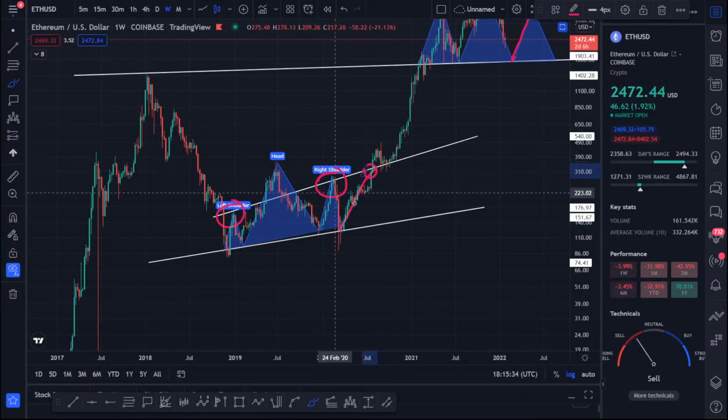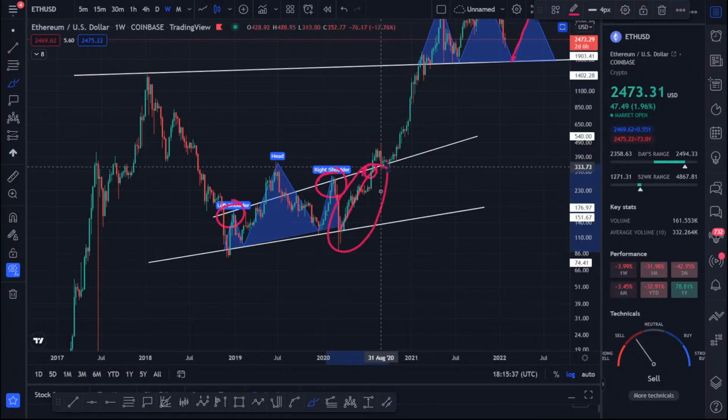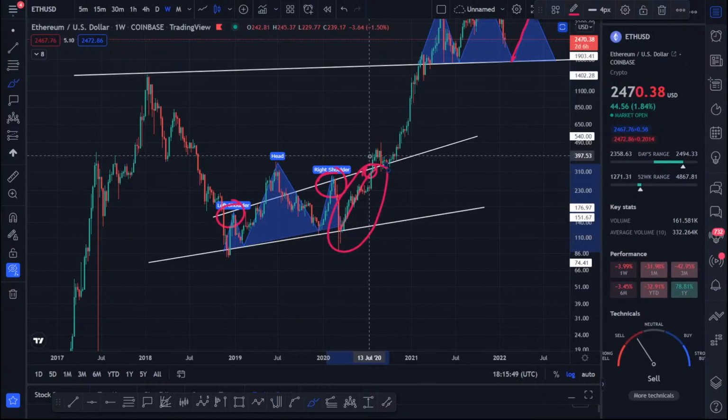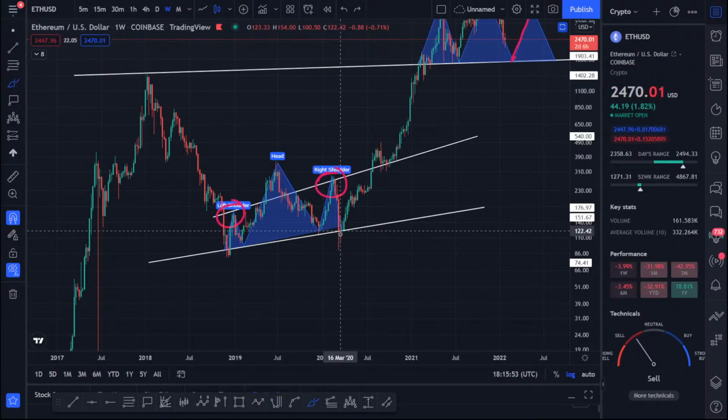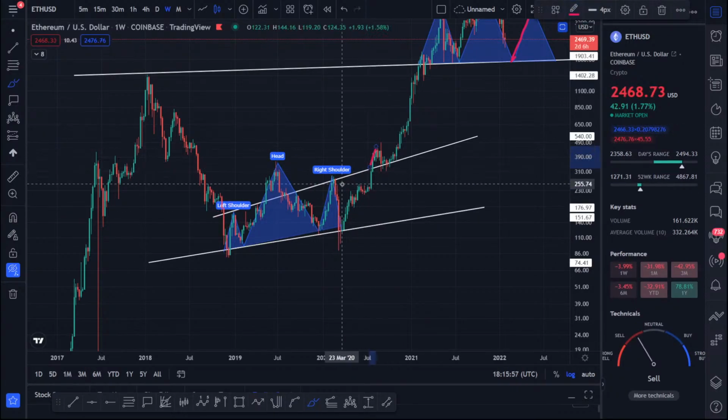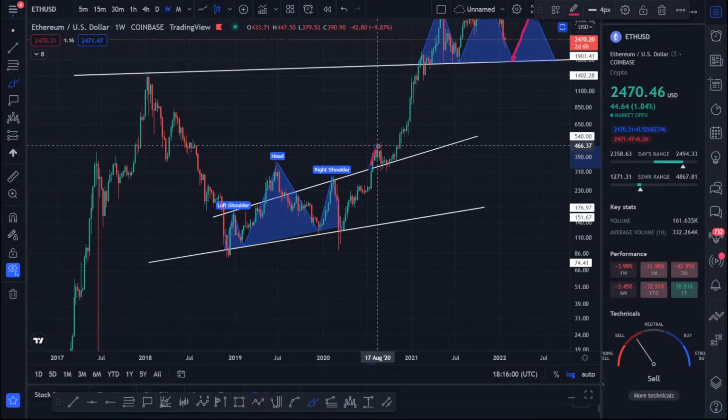This is the tricky part to analyze, even for champion traders, where the price comes down and then it goes right back up. This is considered a fake out. Once you break this resistance coming from the left shoulder, you will come back and retest. This is the retest, confirmation of the breakout.